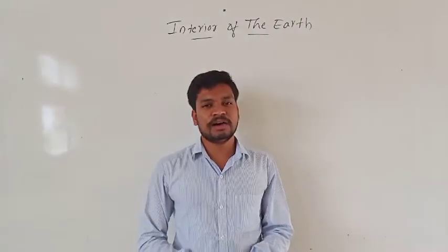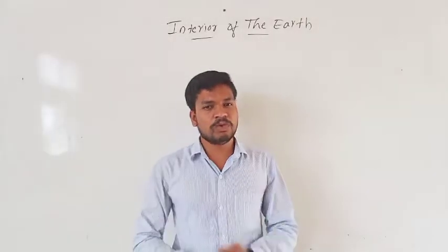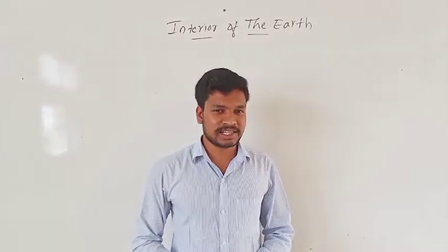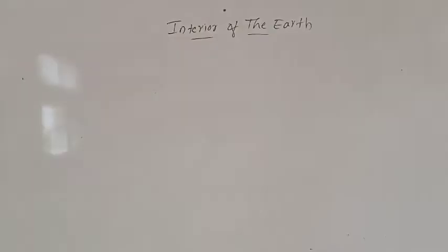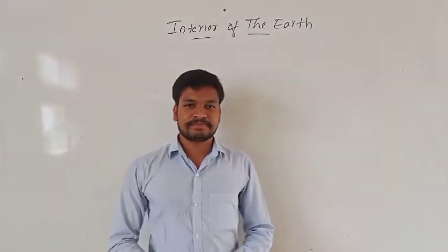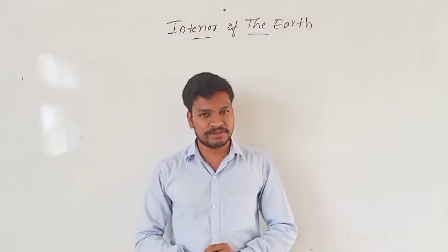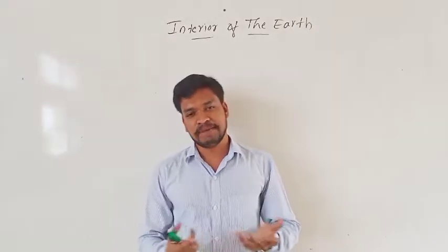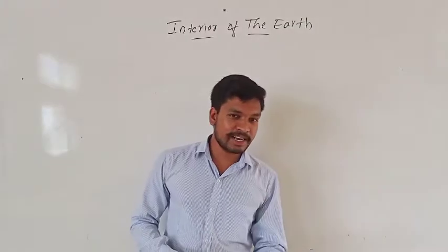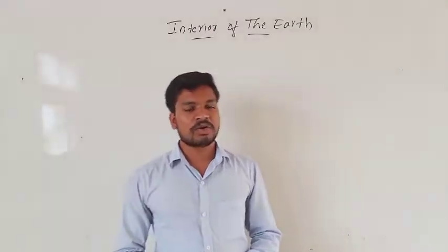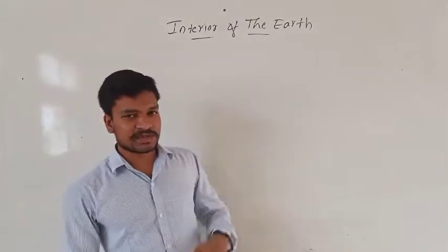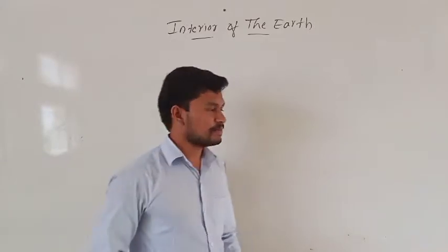So the name of the outer or uppermost layer of earth is the crust. Then next to the crust, beneath the earth's surface, is the mantle. Then the innermost layer, core.